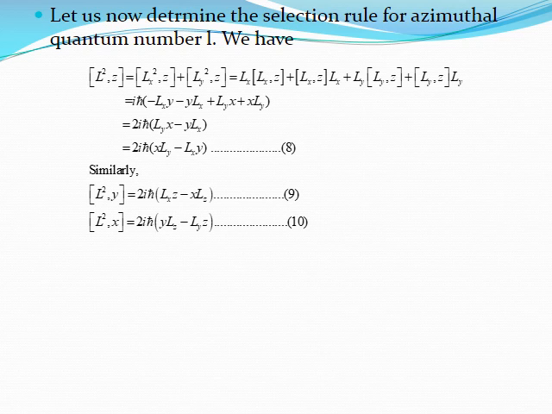Similarly, the commutator [L², y] = 2iħ(Lxz − xLz), equation 9, and the commutator [L², x] = 2iħ(yLz − Lyz), equation 10.